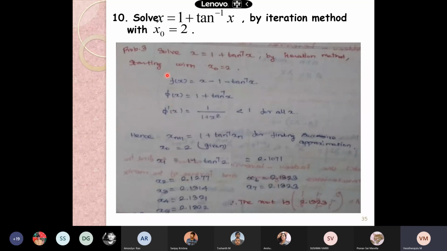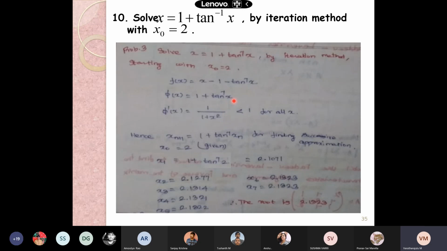Then what is our f of x? Rearranging this equation, one side has to be 0, and that has to be taken as f of x. So x minus 1 minus tan inverse of x would be the f of x, and our phi of x is what is given, 1 plus tan inverse of x.